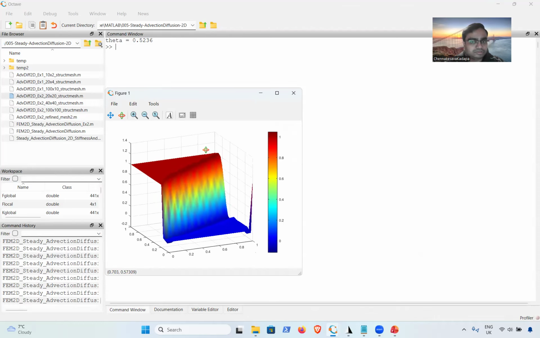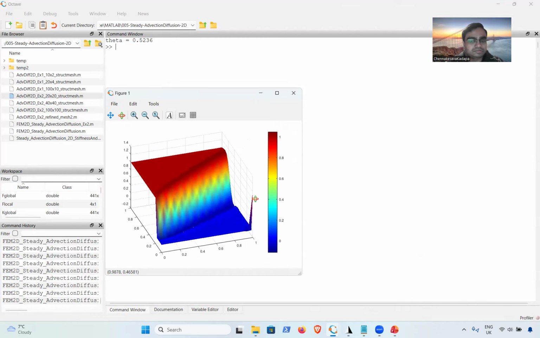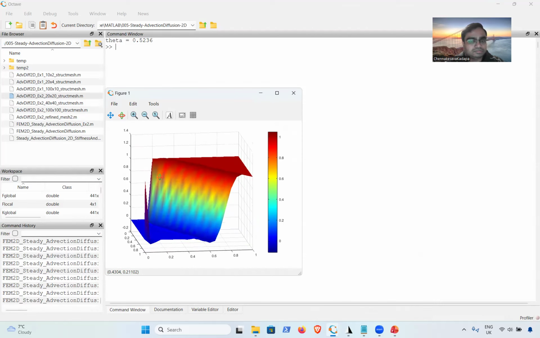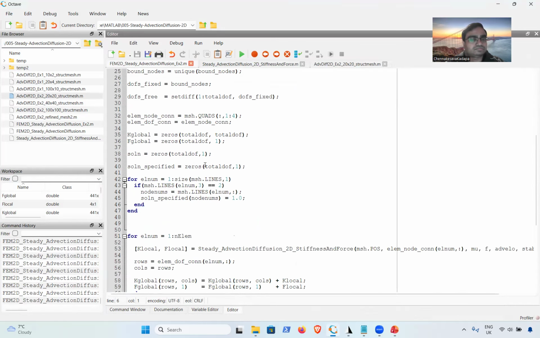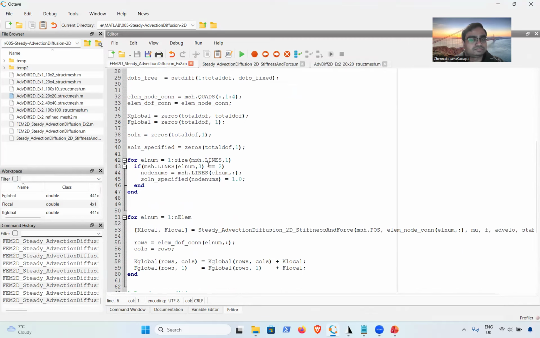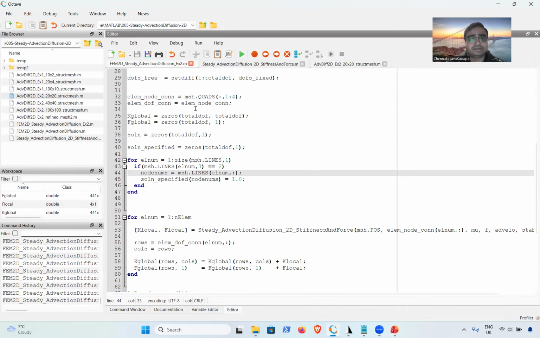I'm not sure what's happening here. I think I have some mistake here. Let me check. Yeah, the mistake is I am getting all the numbers in these lines, but we should only get the node numbers.